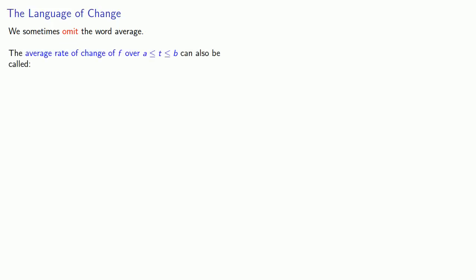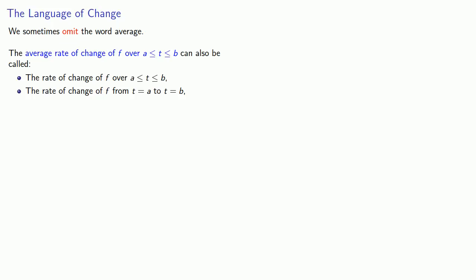We sometimes omit the word average. So while we might want the average rate of change of f over the interval from a to b, this can also be called the rate of change of our function over the interval, or the rate of change of our function from t equals a to t equals b.